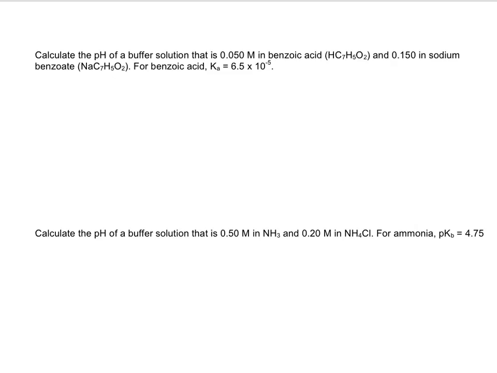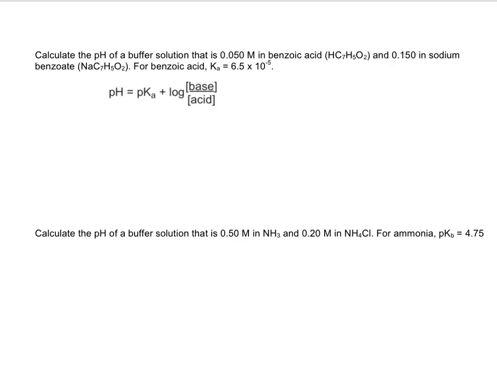So let's do two examples. The first, we have to calculate the pH of a buffer solution that is 0.50 molar benzoic acid and 0.150 molar sodium benzoate. And the Ka for benzoic acid is 6.5 times 10 to the minus fifth. Right, so to do this calculation, we have the pH is equal to the pKa plus the log of the concentration of base over the concentration of acid.